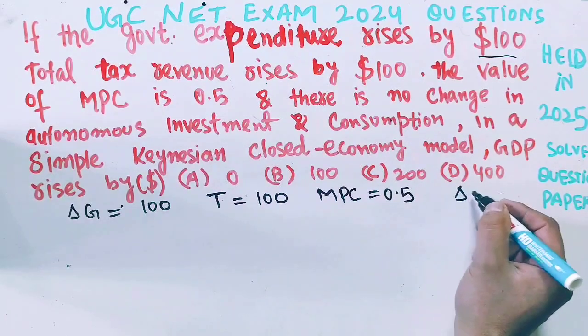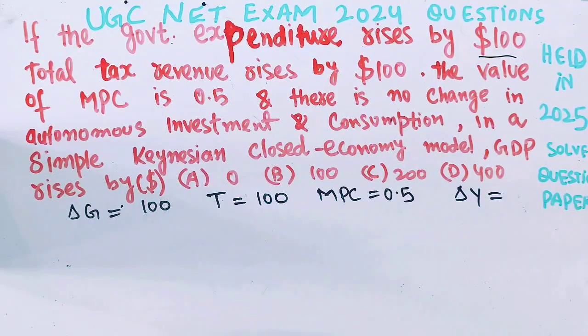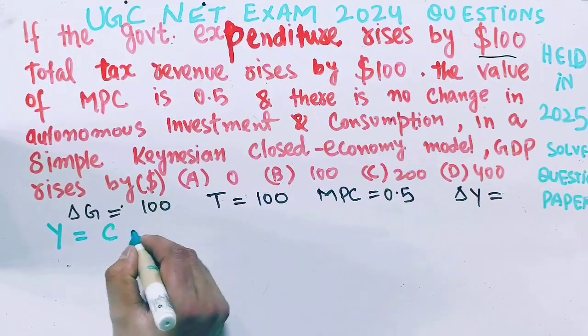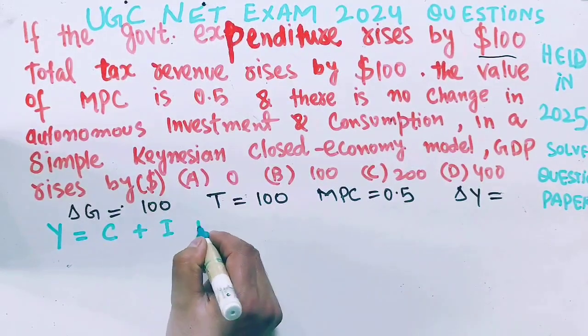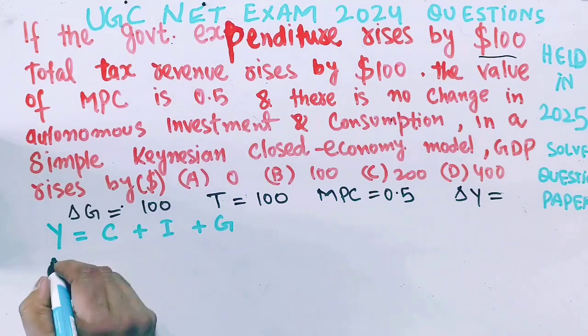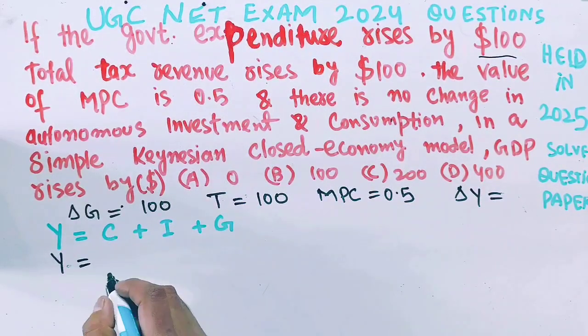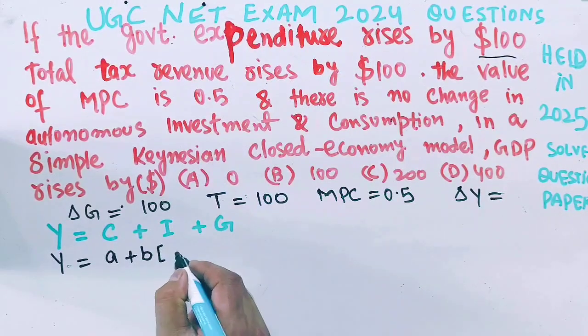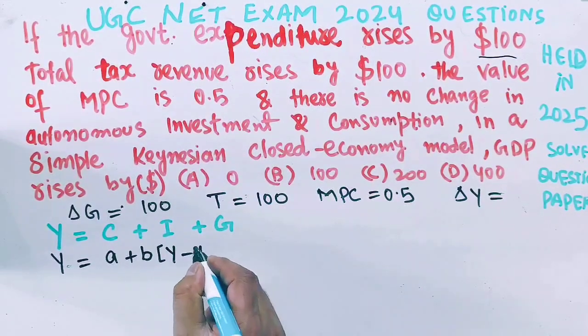We need to find out how much the income rises using our national income identity, that is our total income will be equal to the consumption expenditure plus investment expenditure plus government expenditure. So our income will be equal to consumption, that is A plus B times Y minus the tax revenue.